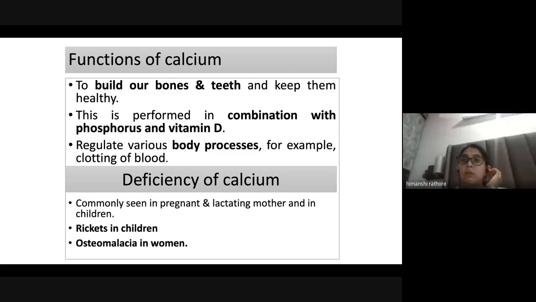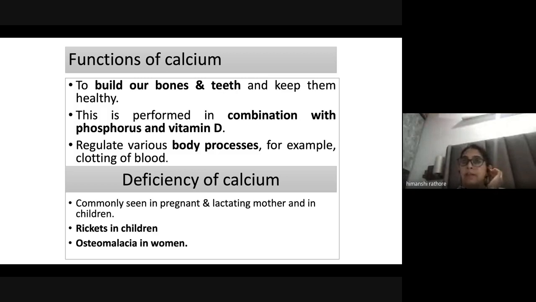His or her bones will be weak, they will break easily, they won't be able to bend properly, and they may need sticks to walk, because they can't take their weight at all. So this condition is known as rickets.